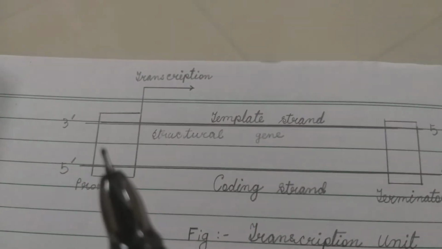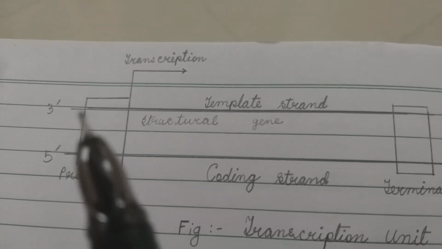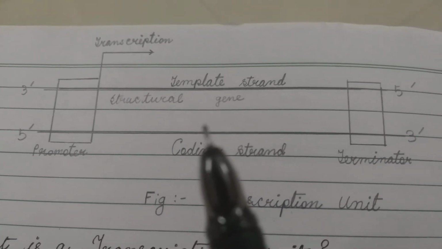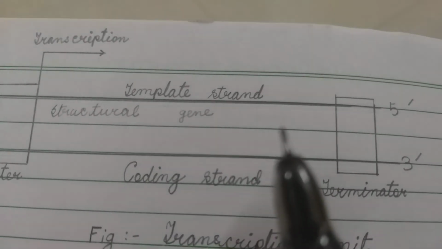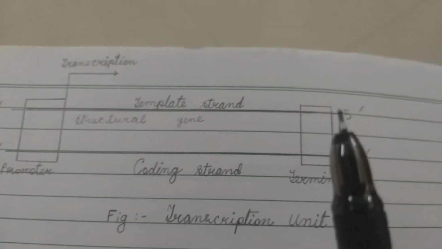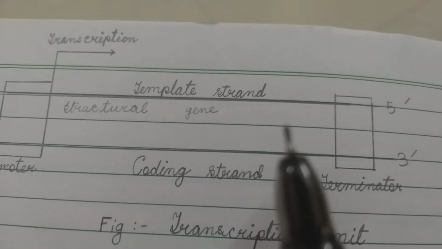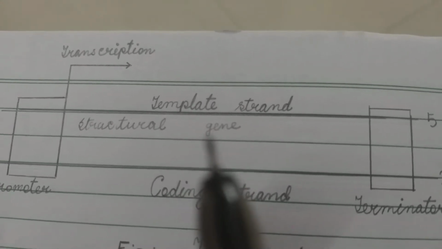That is why the DNA which has polarity 3' to 5' is used for the synthesis of RNA, whose polarity is 5' to 3'. So the template strand and the messenger RNA which is formed must be antiparallel. With a 3' to 5' template, messenger RNA is 5' to 3'. It will be synthesized from the template strand.